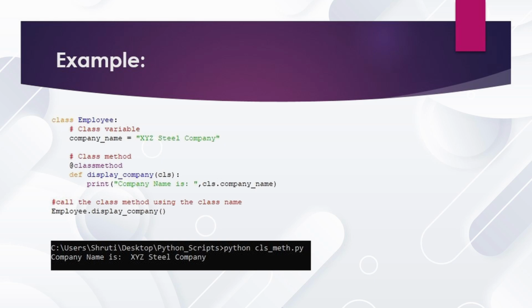A class method displayCompany is defined using the @classmethod decorator, which allows access to the class variable through the class parameter. The method prints the value of company name. The class method is then called using the class name, Employee.displayCompany. This demonstrates how class methods can access and display class level data without needing to create an object.